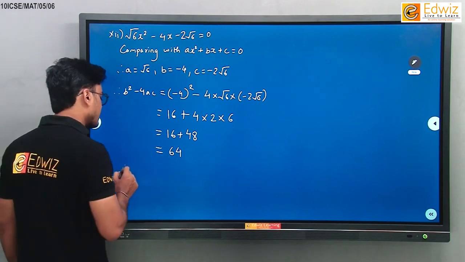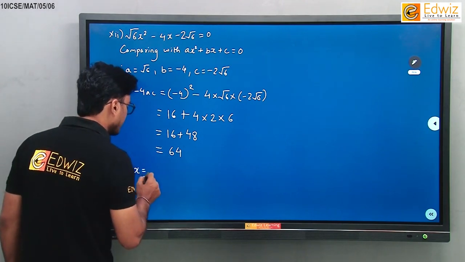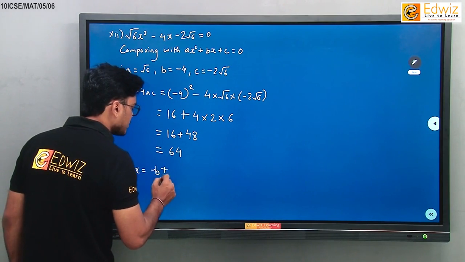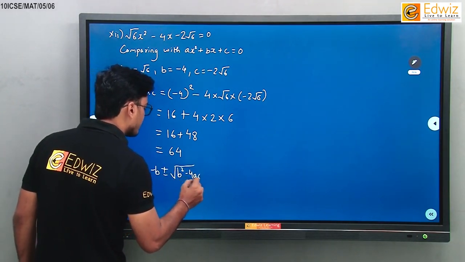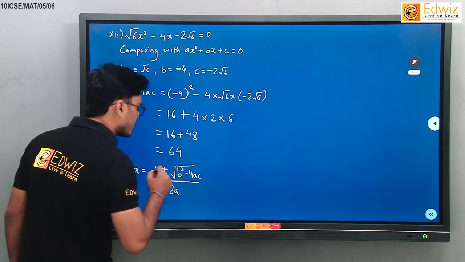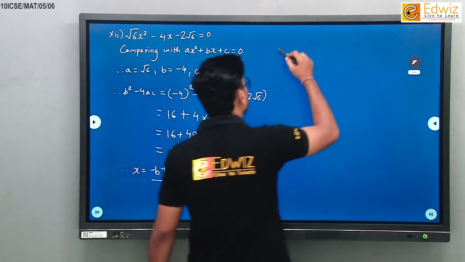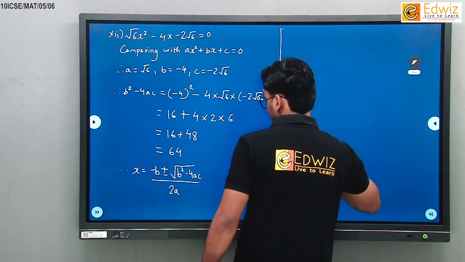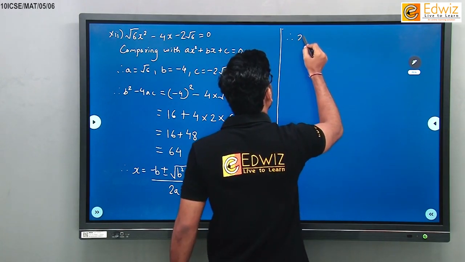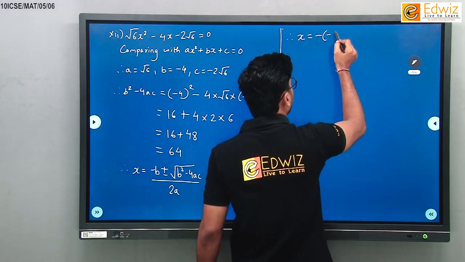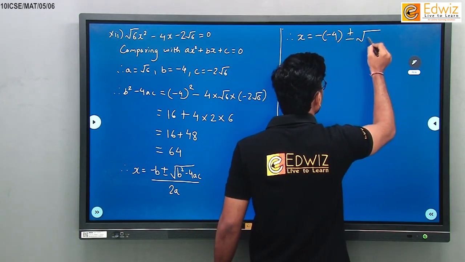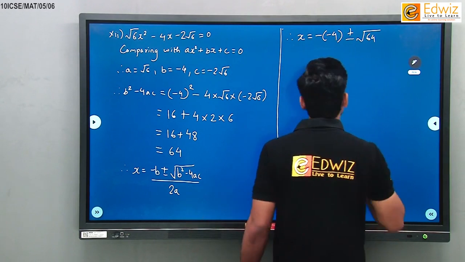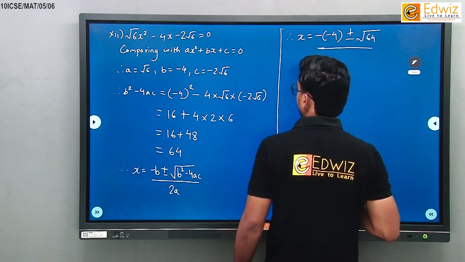So let us apply the formula. X will be minus b plus or minus root b square minus 4ac divided by 2a. Okay, let us substitute the values. X will be minus b, that is minus of minus 4, okay, plus or minus root 64, square root of 64, divided by 2a.